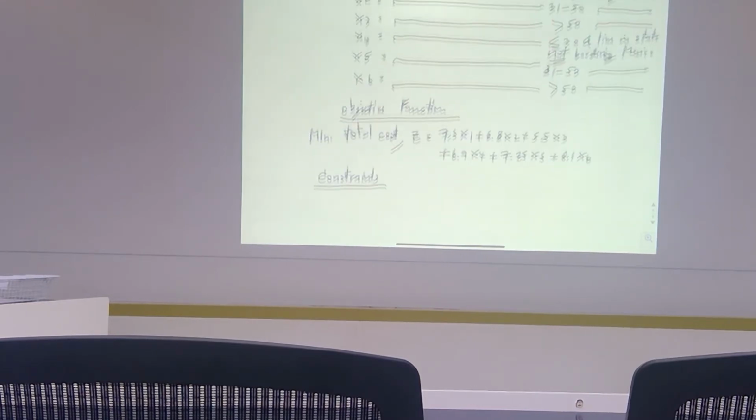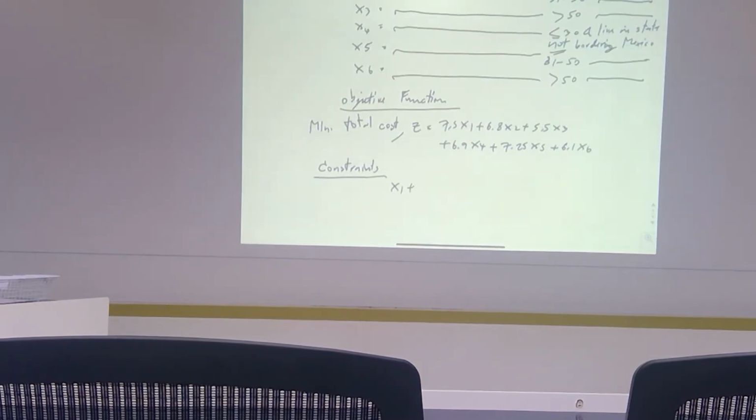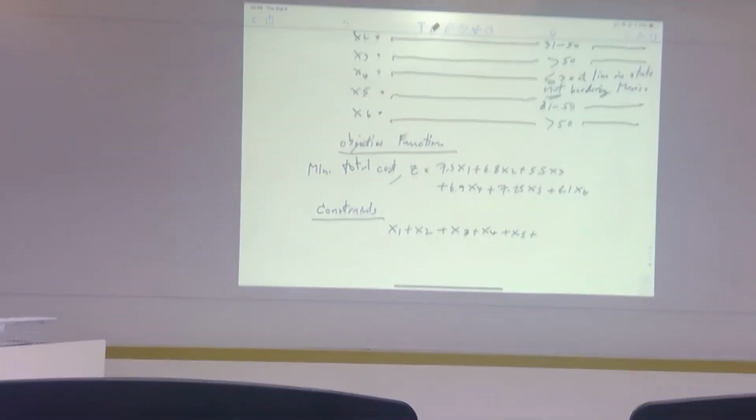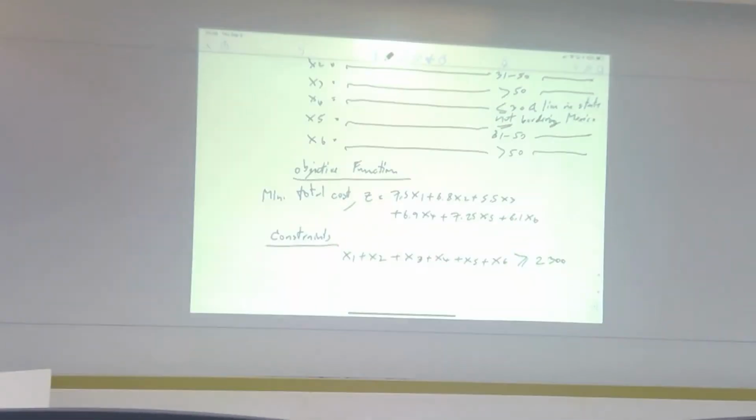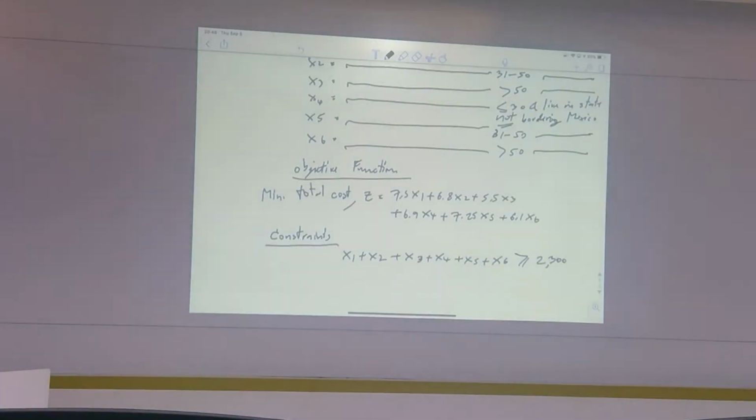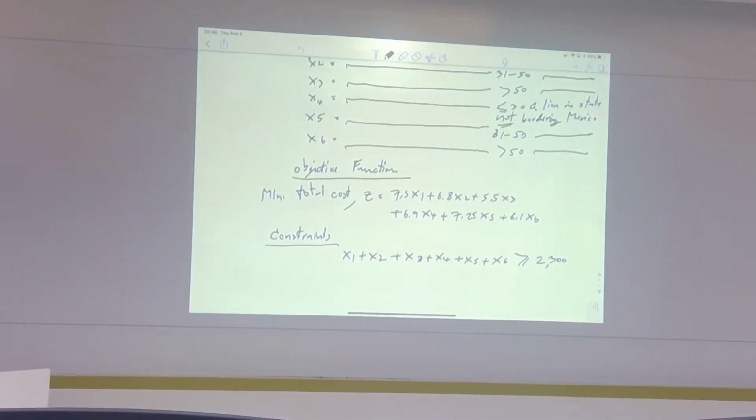Then we're going to have x1 plus x2 plus x3 plus x4 plus x5 plus x6 greater or equal to 2,300. This is the first condition that we need to meet.